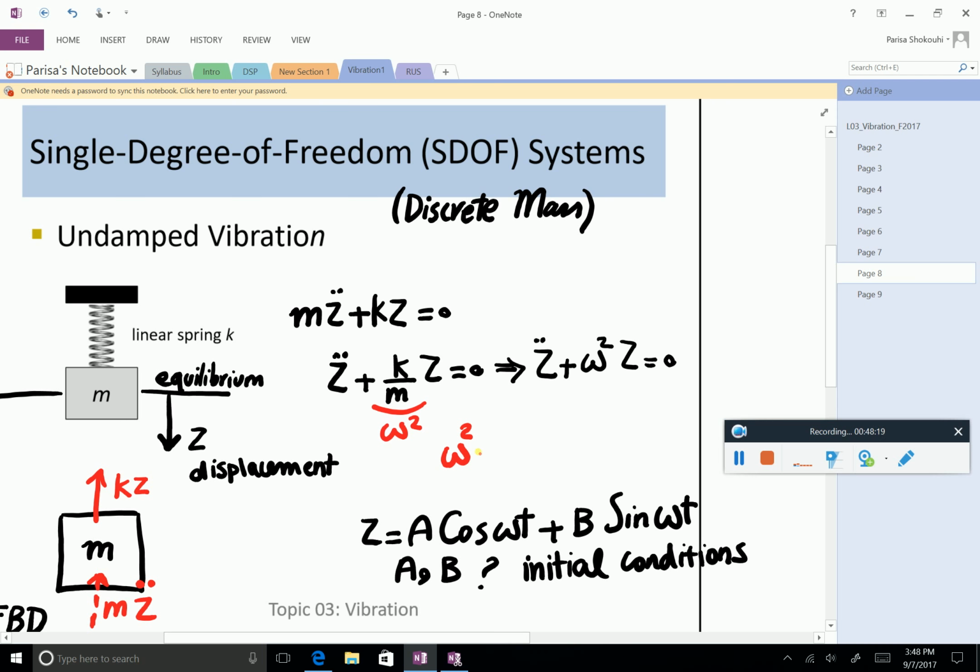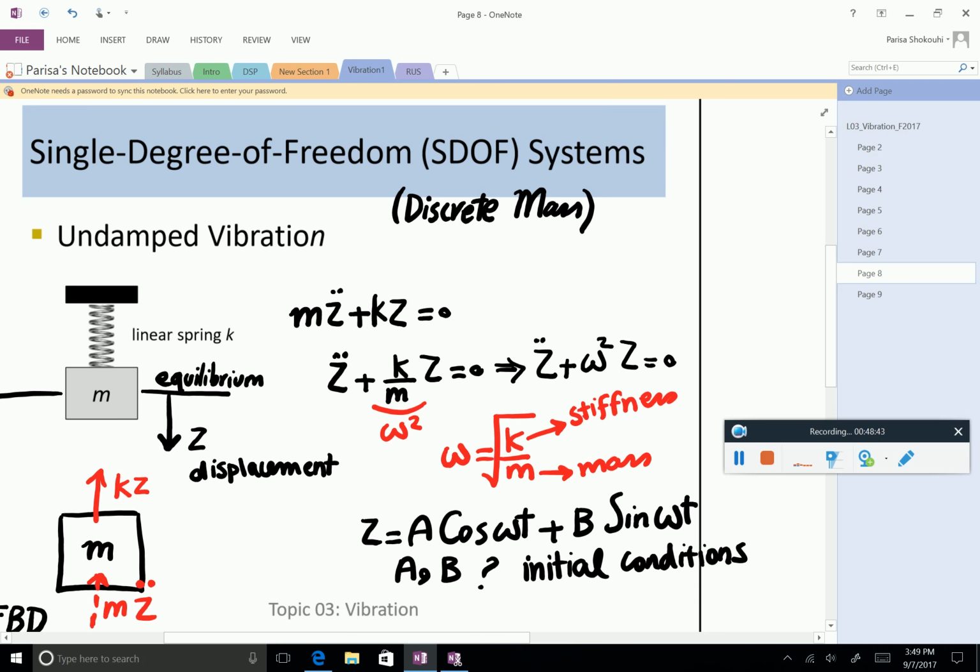Omega squared is k over m. So omega is the square root of k over m. k is stiffness, and m here is the lumped mass. Here we just have a discrete mass.